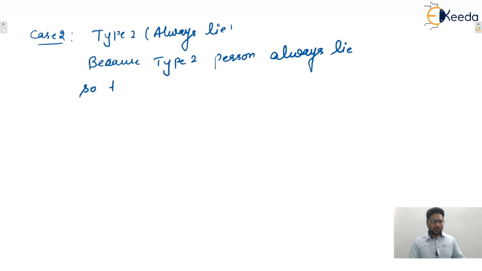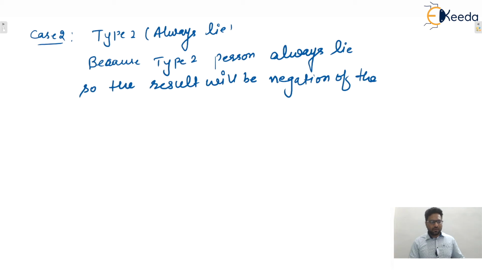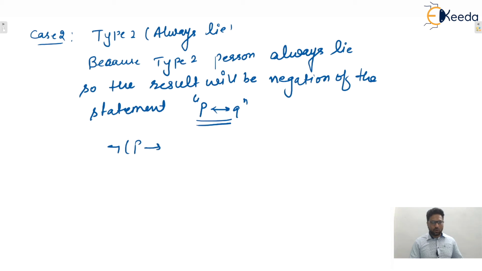So the result will be the negation of the statement P biconditional Q. That P biconditional Q was the statement told upon asking. Now you tell me, what is the negation of P biconditional Q?